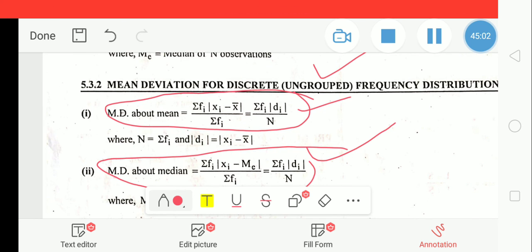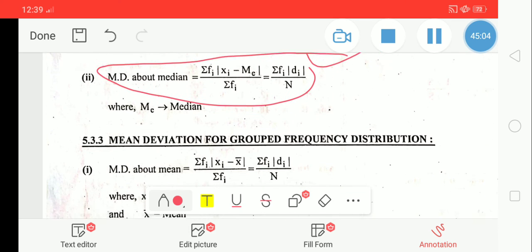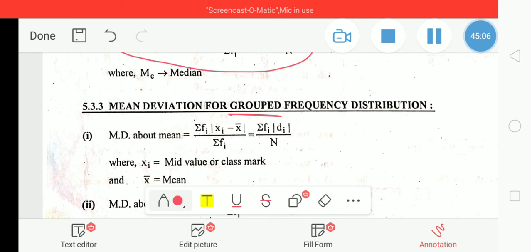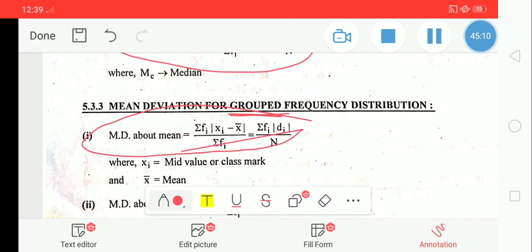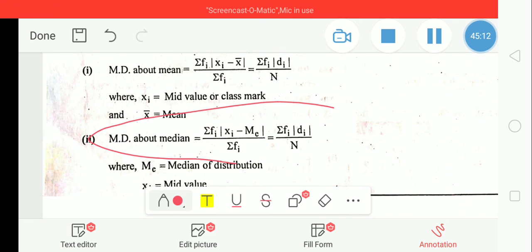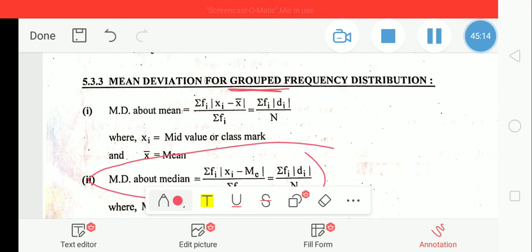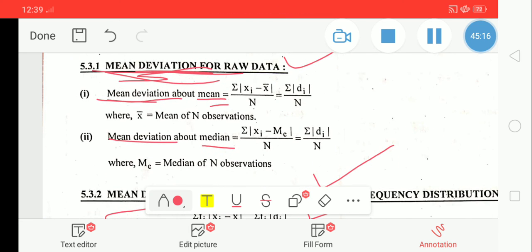We have already studied this in the lecture, and this is grouped data, mean deviation about mean, and this is mean deviation about median. So summation of xi, where xi is the class mark, and x bar is the mean, and here m is the median.